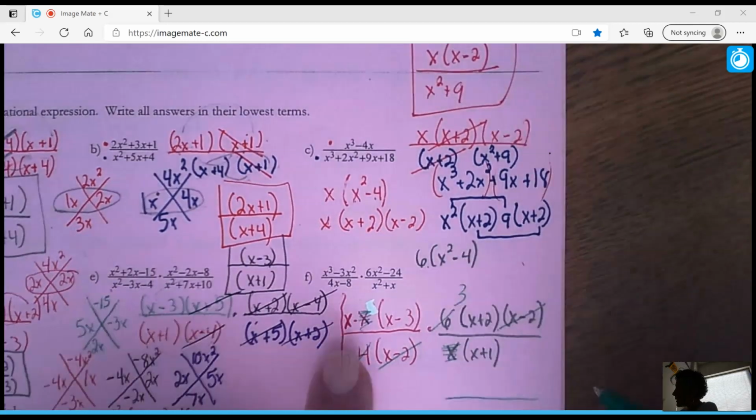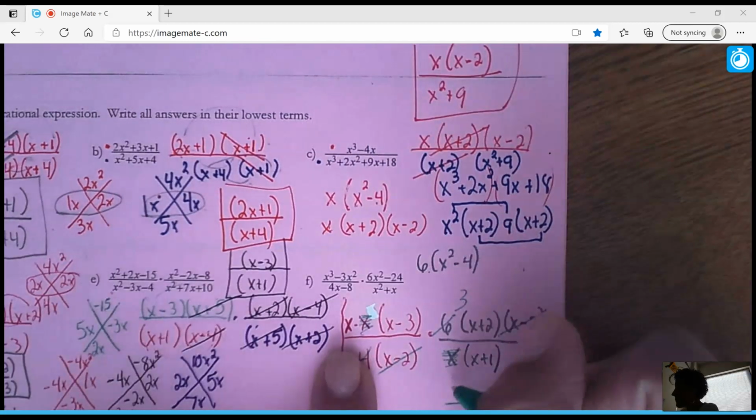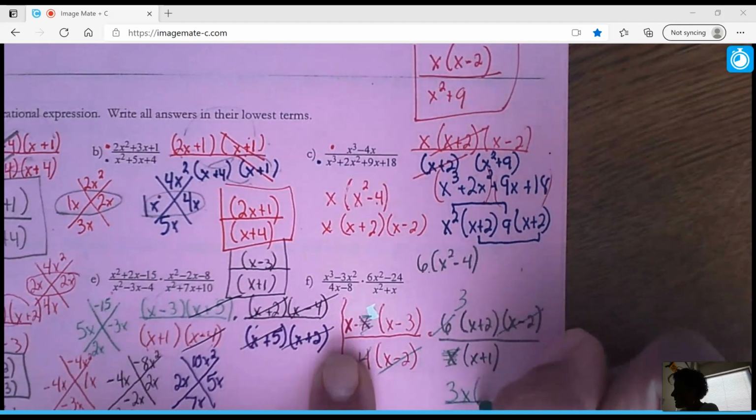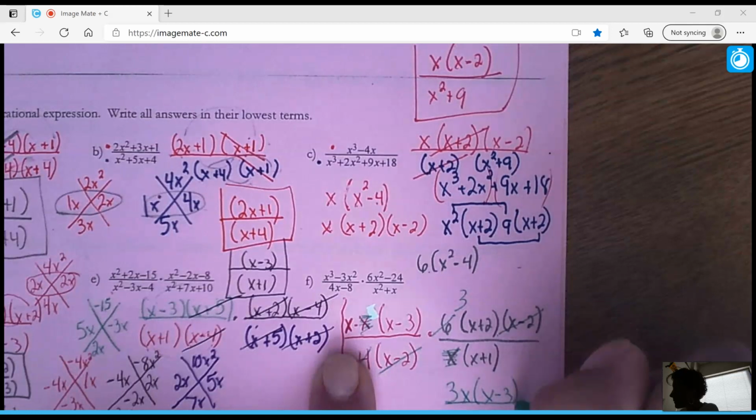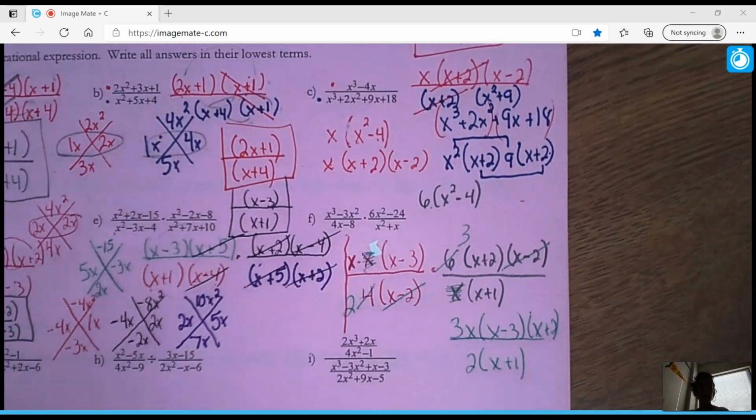So when I'm done in my numerator, I still have an x minus 3, an x plus 2, and a 3. So I'm going to write it like this. And in my denominator, I'm left with a 2 and an x plus 1. Whoops, sorry, you can't see that.